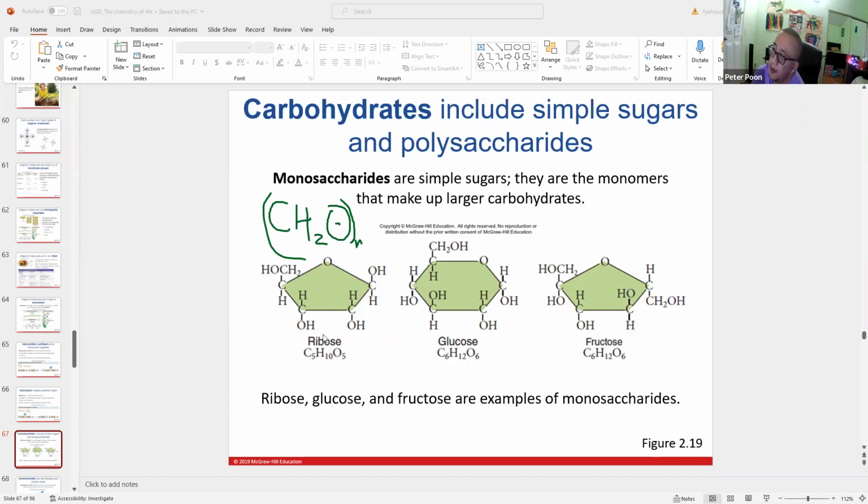So saccharide is the term for sugar. Monosaccharides are single units of sugar. So ribose, glucose, and fructose are single unit sugars.